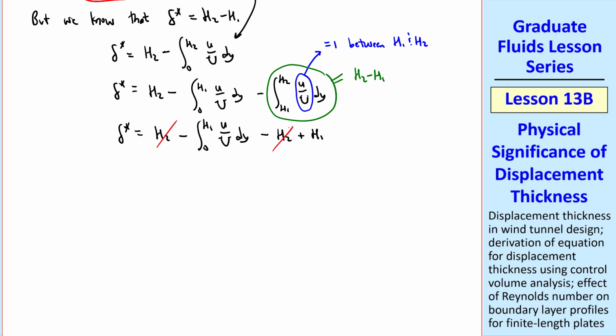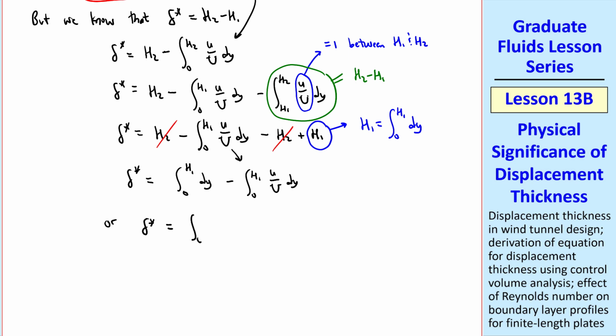The h2's cancel, and let's do a little tricky thing with this h1: we'll write it as the integral from 0 to h1 of dy. Thus delta star is the integral from 0 to h1 of dy minus, from this term, the integral from 0 to h1 of u over U dy, or delta star is the integral from 0 to h1 of 1 minus u over U dy.